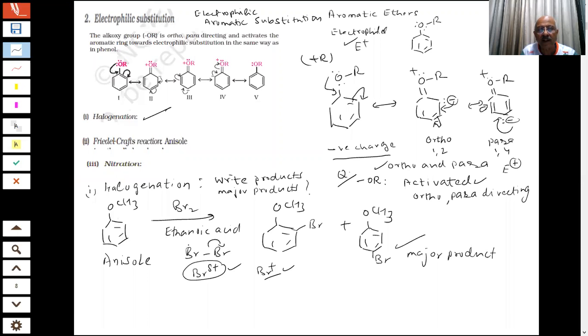This attacks like this, so this becomes polarized and Br minus leaves. Br minus will leave, students, and then one hydrogen will come from here, forming HBr. So it's a substitution reaction because the hydrogen of the benzene is replaced by Br. There is a hydrogen here, attached to the benzene.